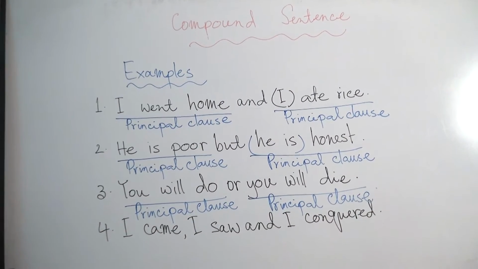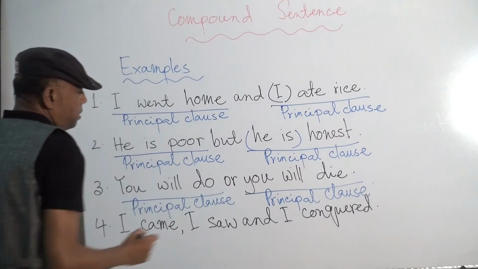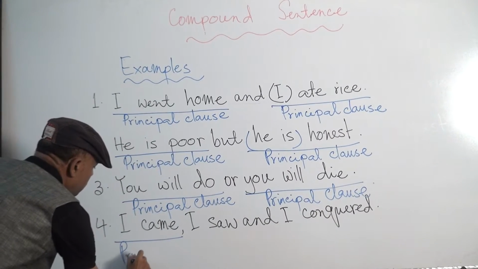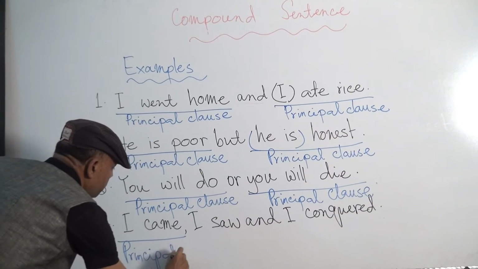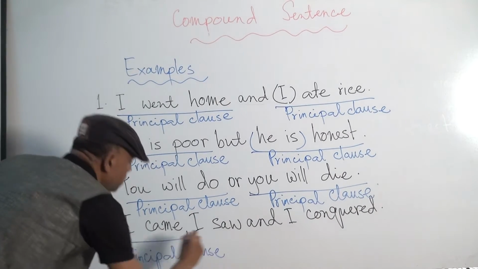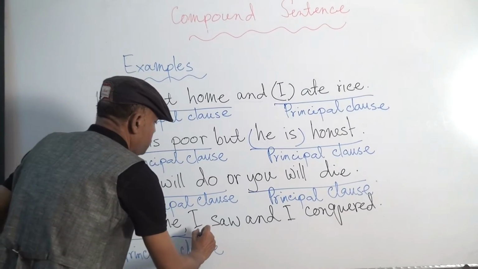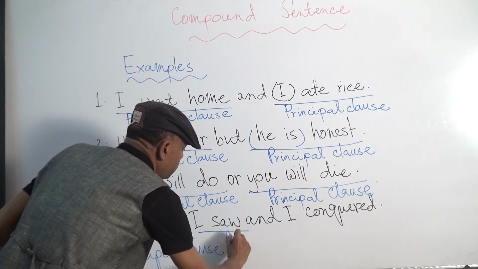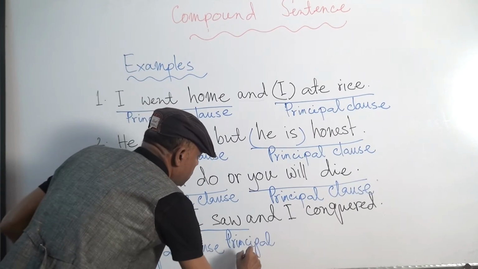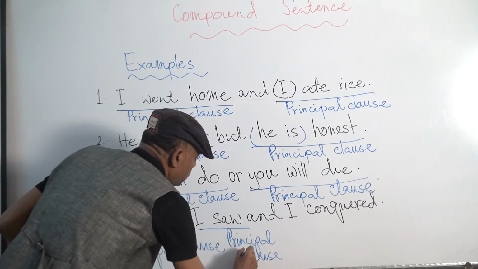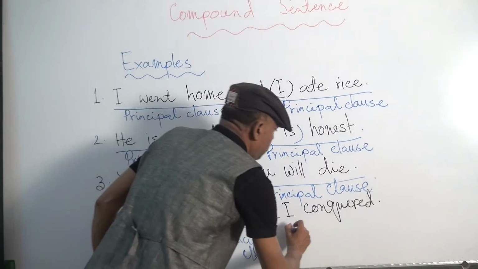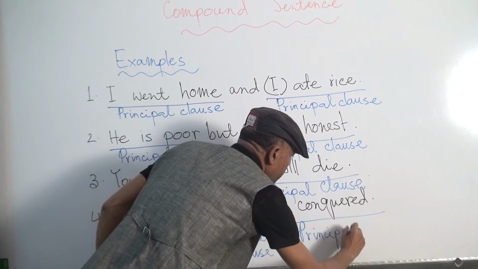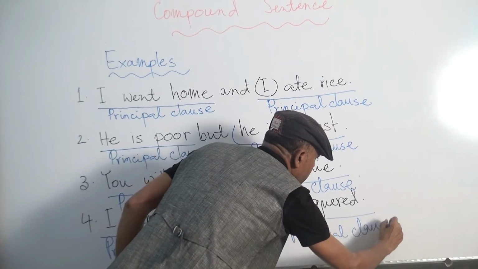And example number 4, we can find I came. I came is a principal clause. I saw is also a principal clause. I conquered is also a principal clause.